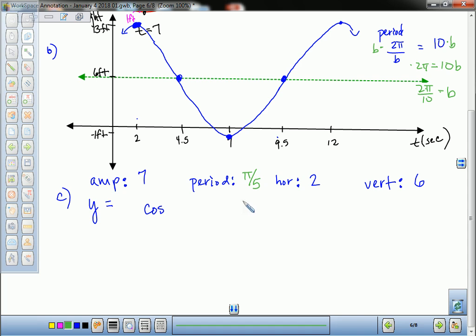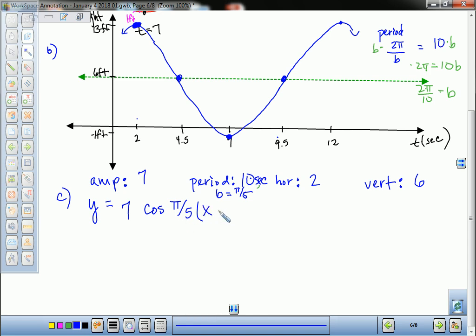That is pi over 5. You can see where that comes from. So amplitude is 7, and the period is 10 seconds. B is pi over 5. So pi over 5 goes here. Guys, I messed this up. The period is actually 10 seconds, so we didn't need to find that, but we had to solve for B to get the equation.